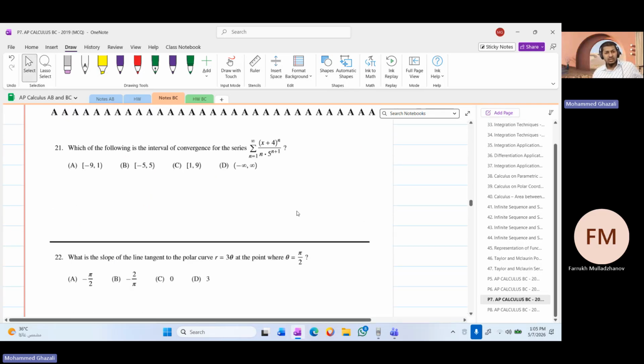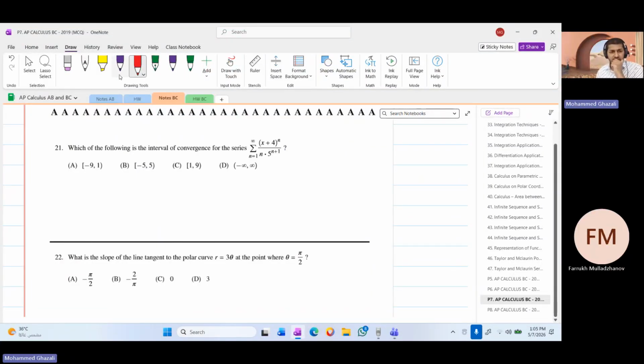Next one. Which of the following is the interval of convergence for the series? Interval of convergence, now we're talking interval of convergence, we use a ratio test, right? So now we're doing a n plus 1 over a n, and we take the limit as n approaches infinity, right?